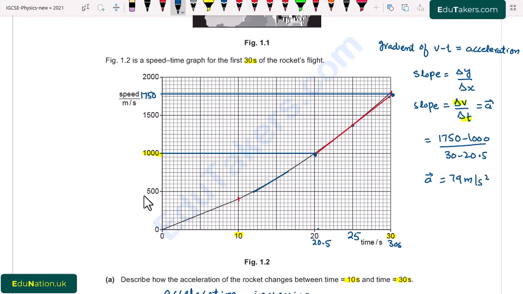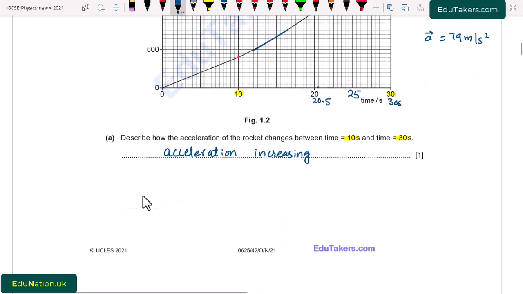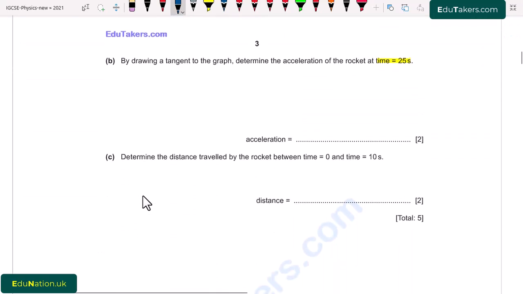So the acceleration comes to be 79 meter per second square between time t equal to 20.5 and 30 seconds, and their corresponding speed values are 1000 and 1750 meter per second. So I write here acceleration is equal to 79 meter per second square.